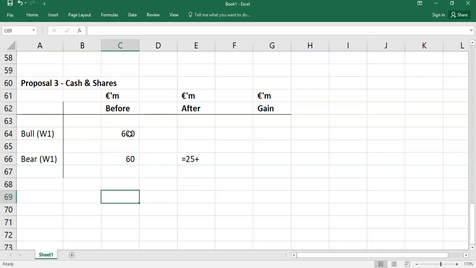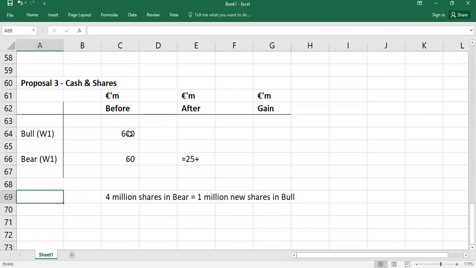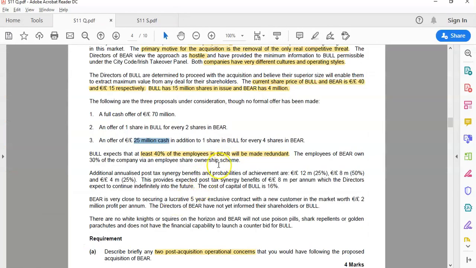So we're going to look at here now, there's going to be the 4 million shares in Bear is going to be equal to 1 million new shares in Bull. So you're going to get less shares than before in working one. The reason being now, because you're getting cash as well. So you're only doing a 1-for-4 swap instead of 1-for-2.